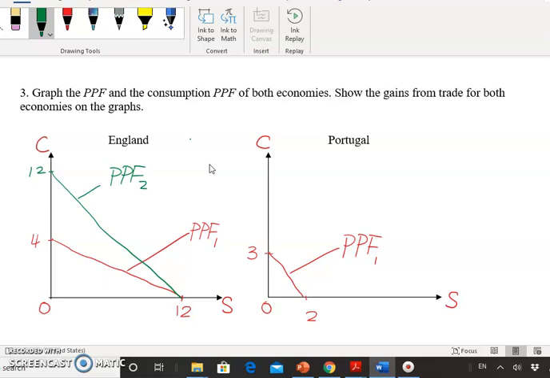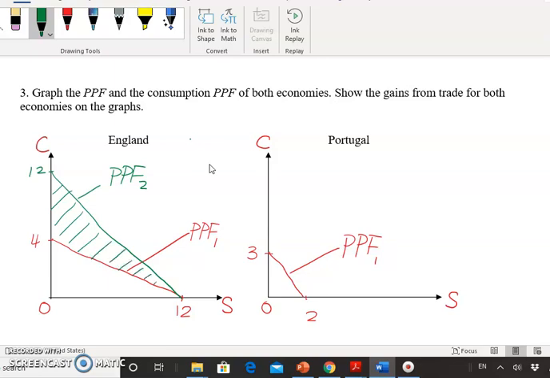All the points on this straight line or below should be achievable with trade. They could choose to consume 12 sweaters and 0 corn, or 12 corn and 0 sweaters. Now you would find that this PPF is larger. It lies above the original one. So the gap in between is the gains from trade.